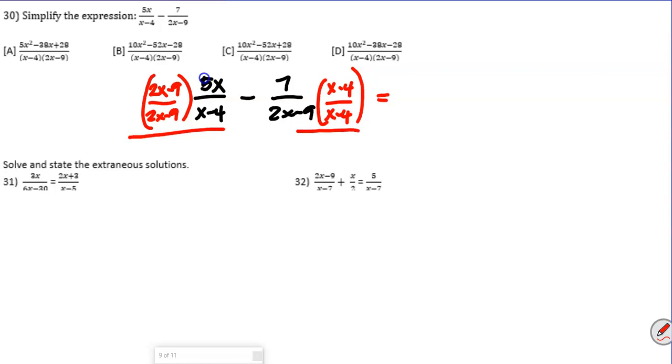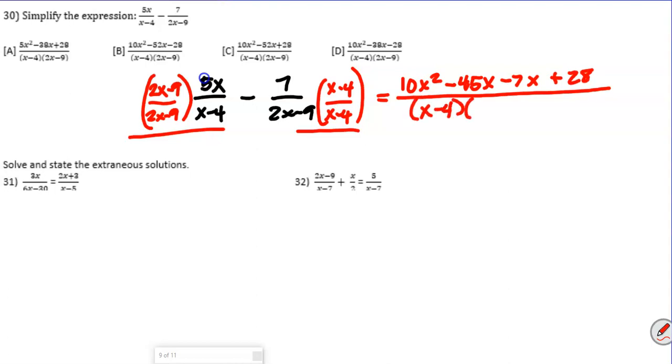So that's going to be equal to 2x times 5x. That's 10x squared. Negative 9 times 5x is going to be negative 45x. And then we're going to multiply this negative 7 times the x. That's going to be minus 7x. And then negative 7 times the negative 4 is going to be plus 28. That's all over our x minus 4 times our 2x minus 9.